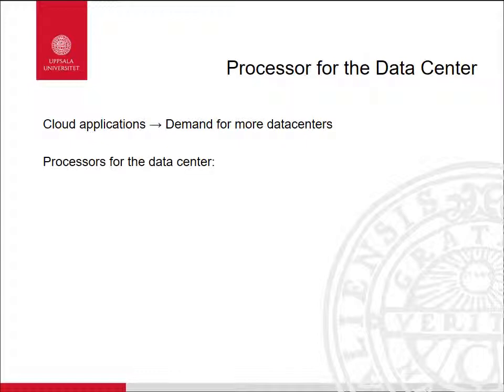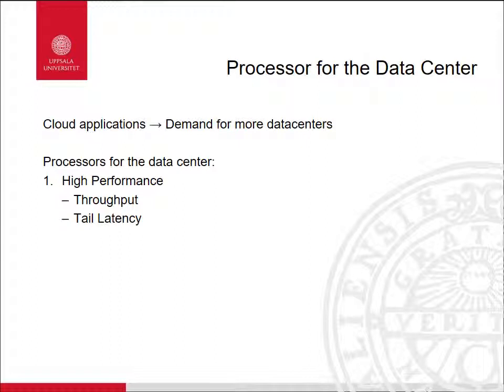Data center processor design aims at two things. First, improving performance. And performance is determined mostly by two metrics in the data center. The first one is throughput. For throughput, think for example of the rate at which Google can service incoming search requests. And the second one is tail latency.